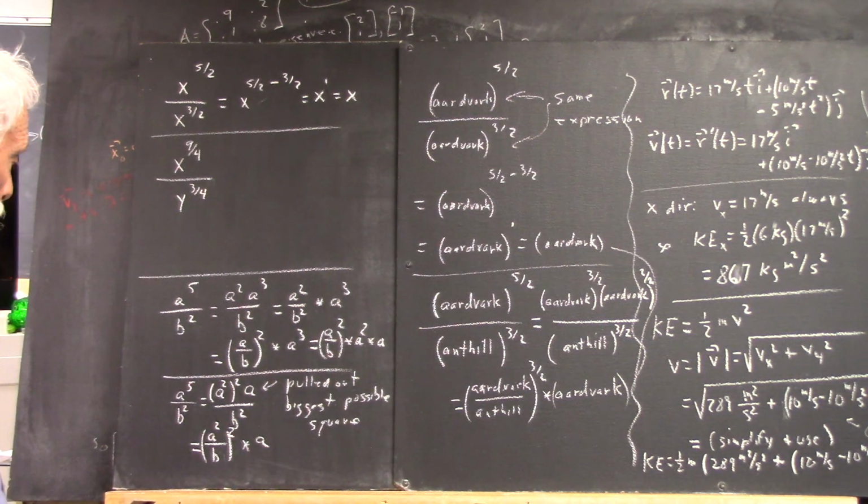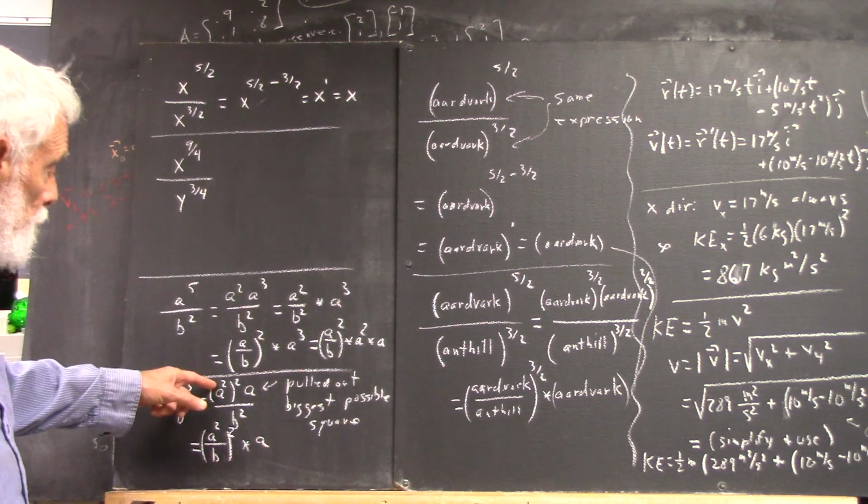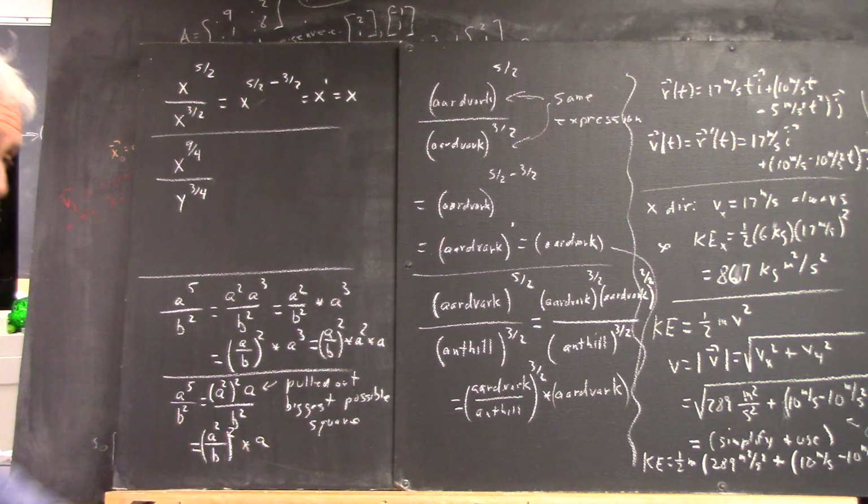And that ends up being what? A squared over b, quantity squared.